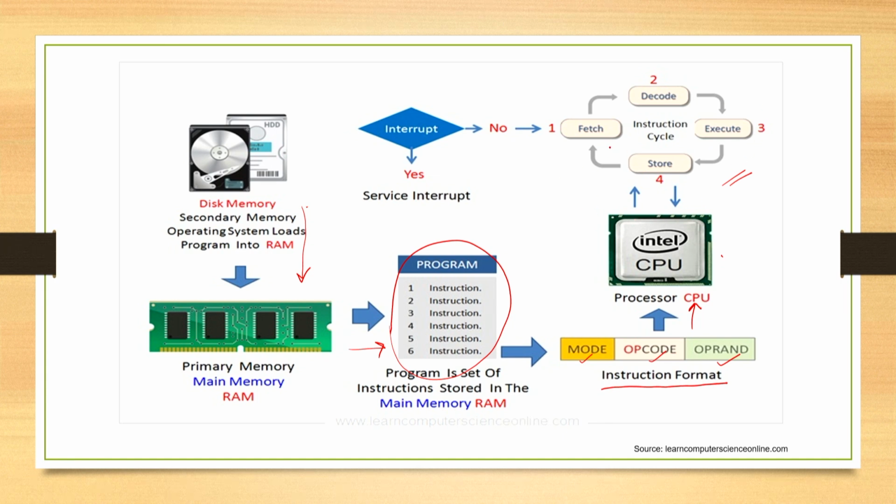This processing involves fetching the data, decoding it, executing it, and storing it in the memory for further use. So from this diagram you can understand how data processing is done by using the CPU.